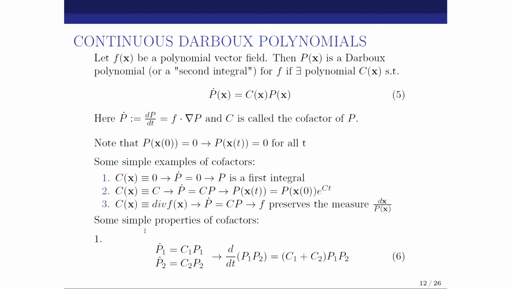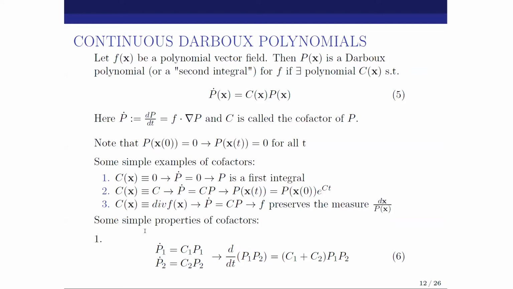So 1, 2, and 3 here are some simple cases. If C is identically 0, we get a first integral. If C is a constant, it doesn't depend on x, then we can solve equation 5, and we get that P at time t is P at time 0 times e to the ct. And that is something that is frequent.